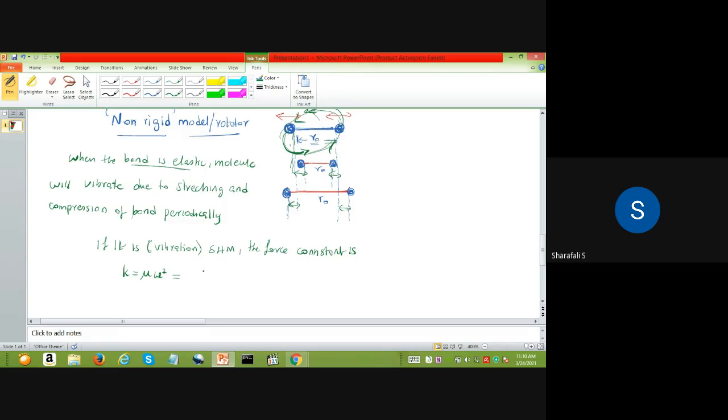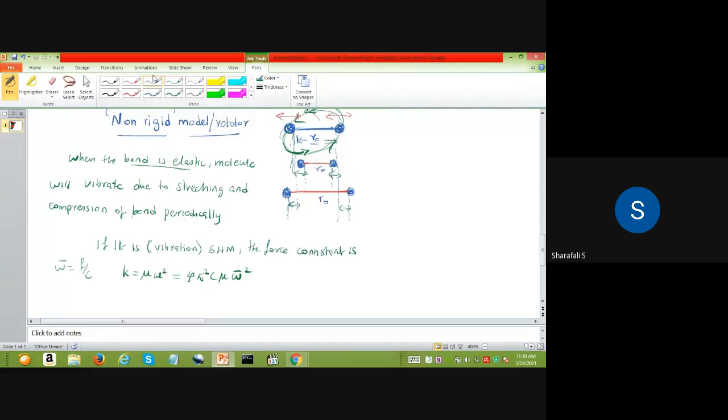That will be equal to 4 pi square c mu omega bar square. Your omega bar is nothing but frequency by c.